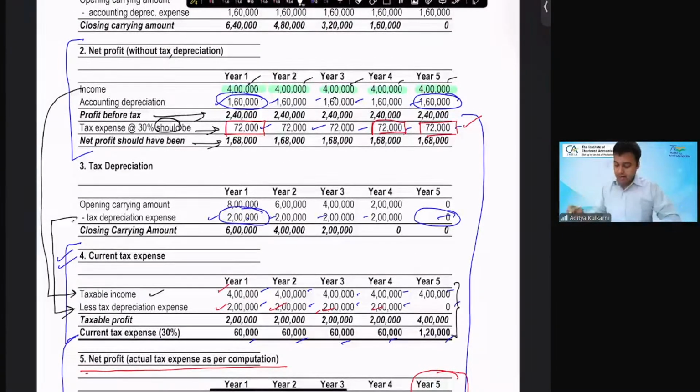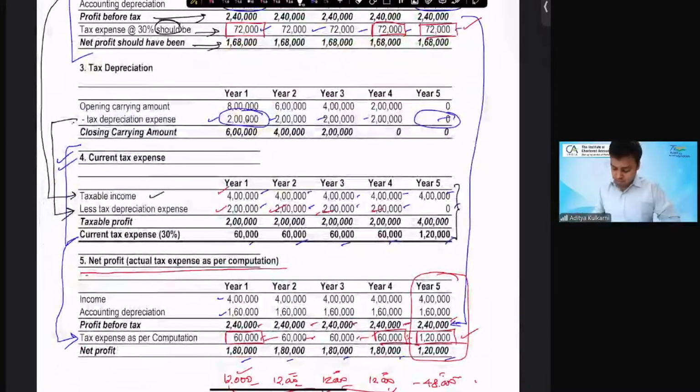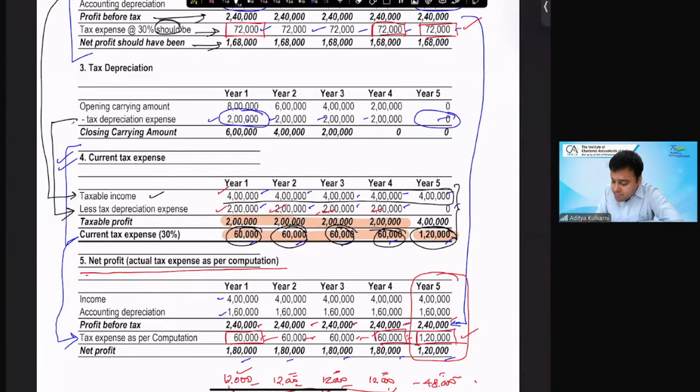Now, look at this. For the first 4 years, my tax expense is 60,000. And suddenly in the 5th year, it became 1,20,000. Are you able to see this spike? Yes, sir. But is the taxable income the same? Yes, sir.